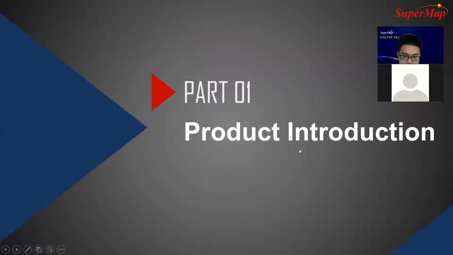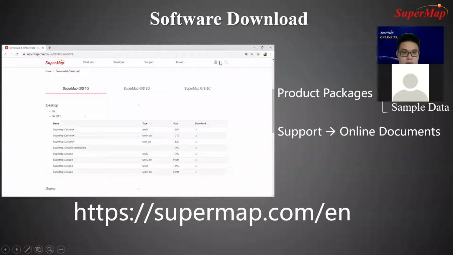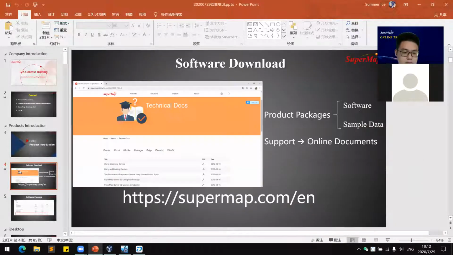So the first part is about the product introductions. First we know how to download our software. We need to go to the SuperMap official website to download our software.